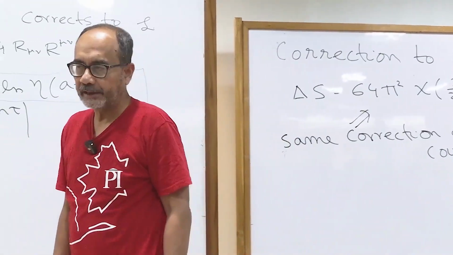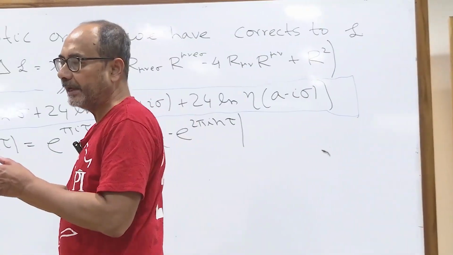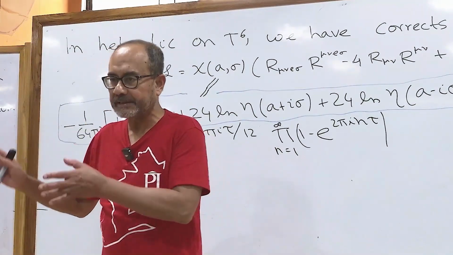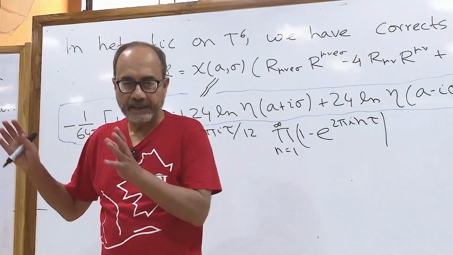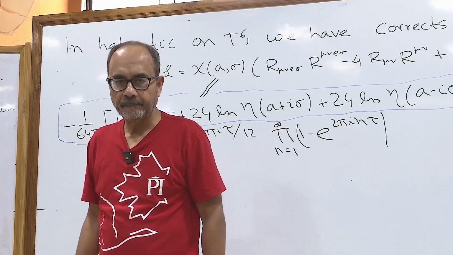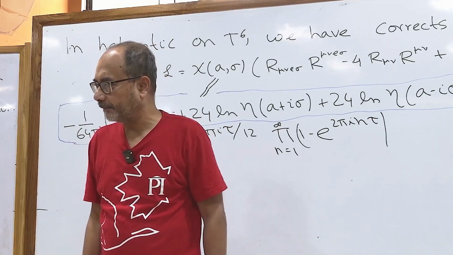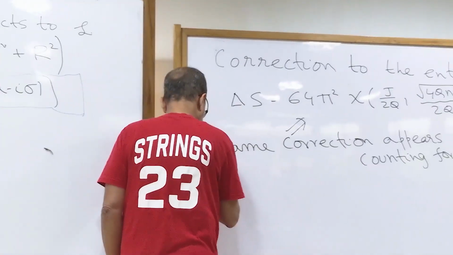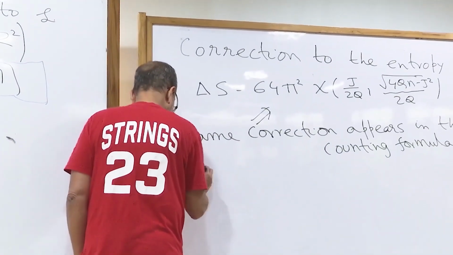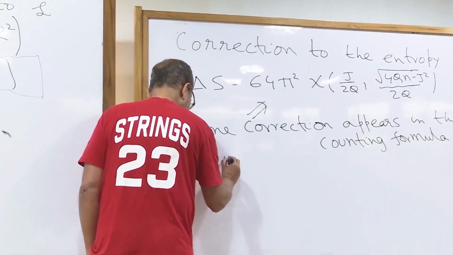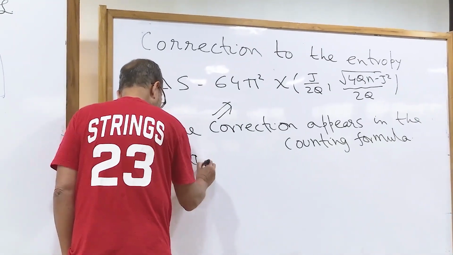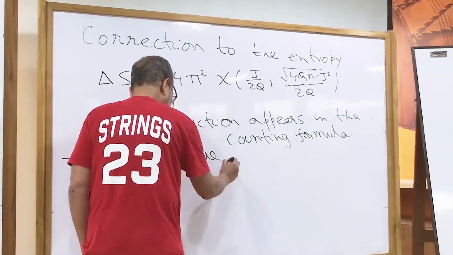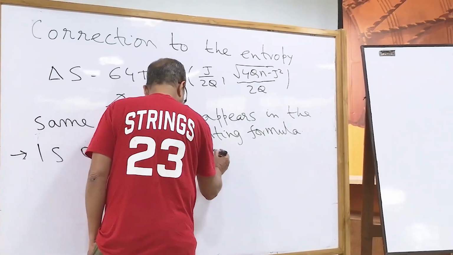So this basically is showing that the agreement between entropy and microscopic degeneracy is not only true for the Bekenstein-Hawking formula, but all the corrections to the Bekenstein-Hawking formula, due to higher derivative terms. And this in fact has been tested. This is also true in many other theories, in a wide class of theories.